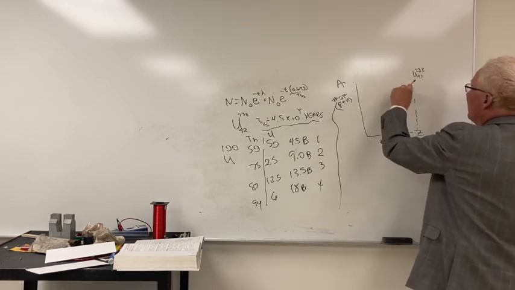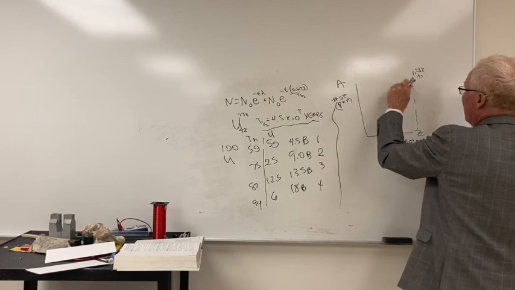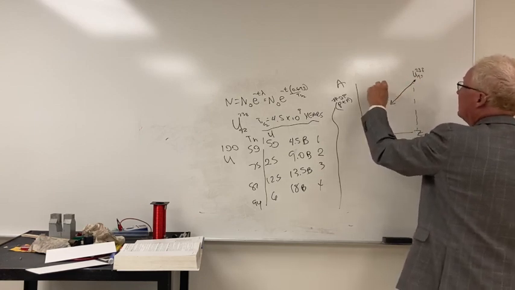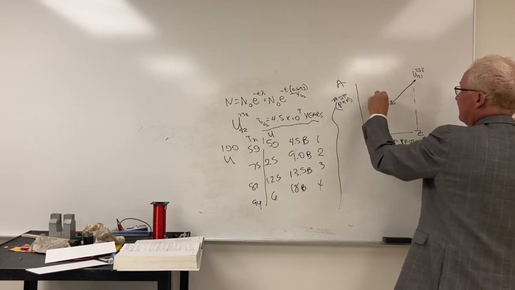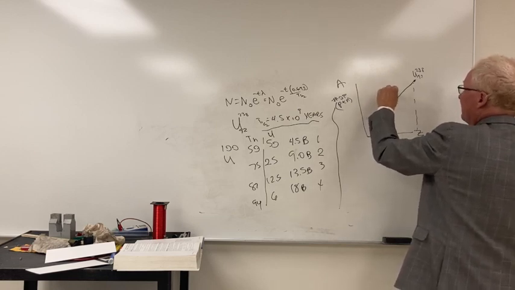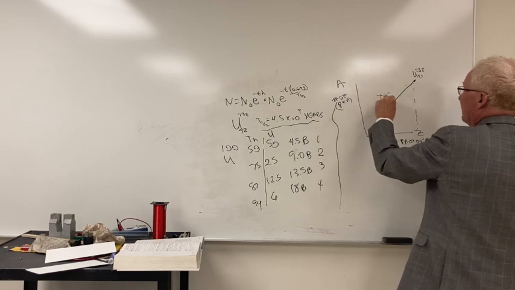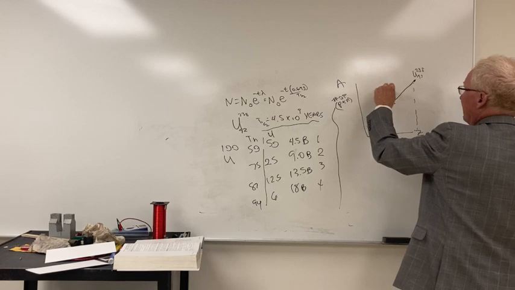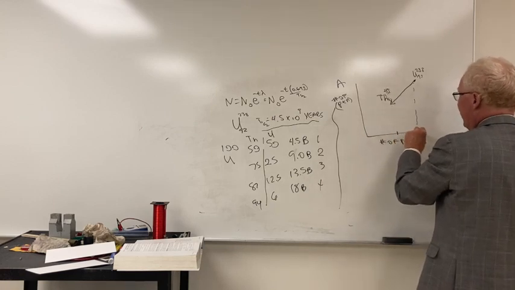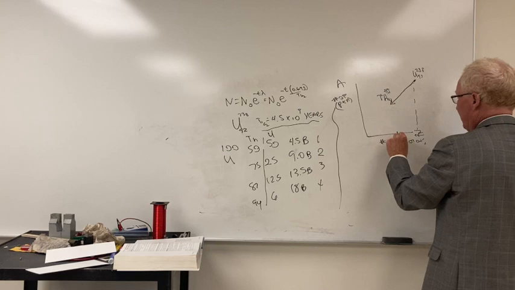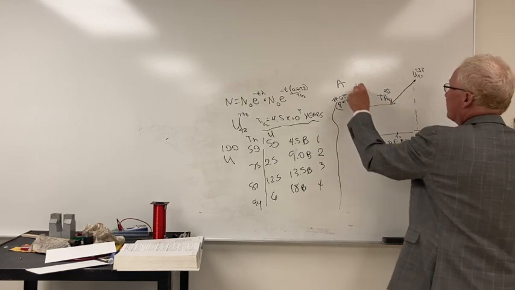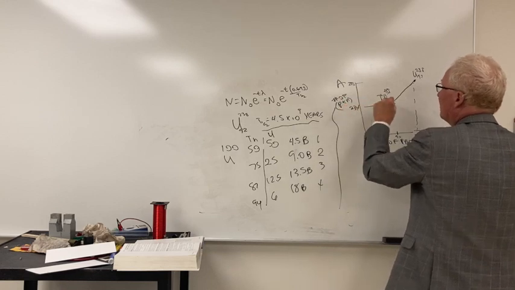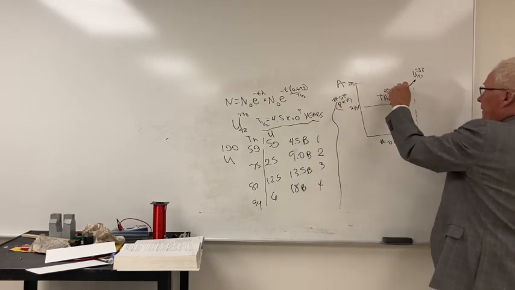It will decay down to thorium-234, at 90. So this comes down from 92 to 90, and this goes from 238 down to 234. That's what we call an alpha decay.